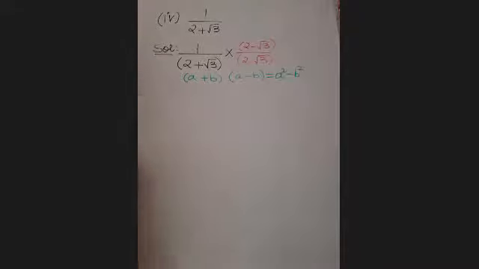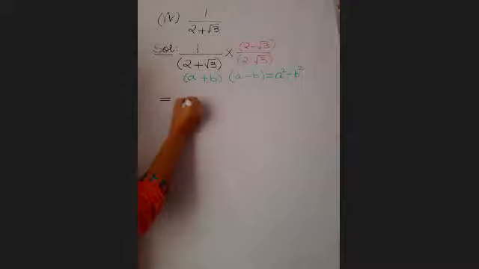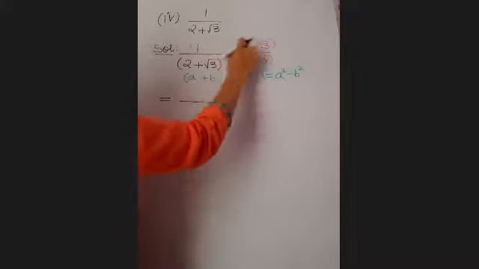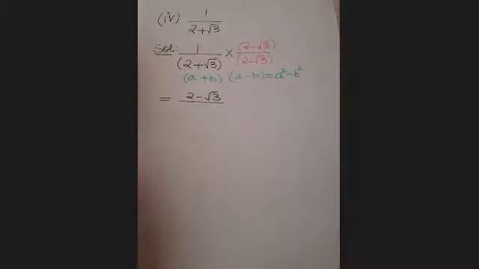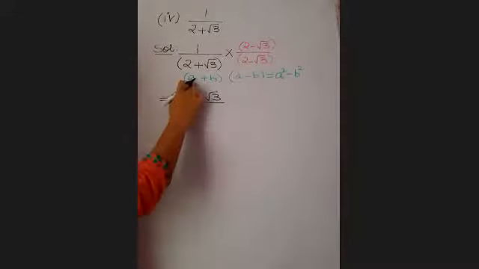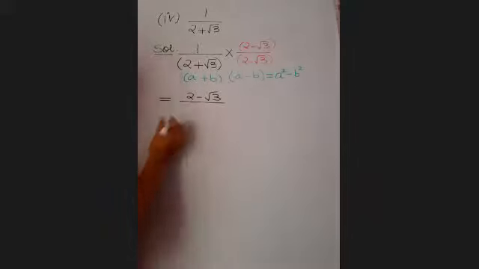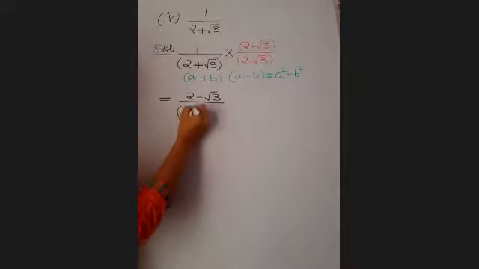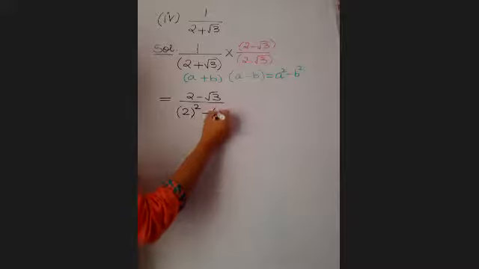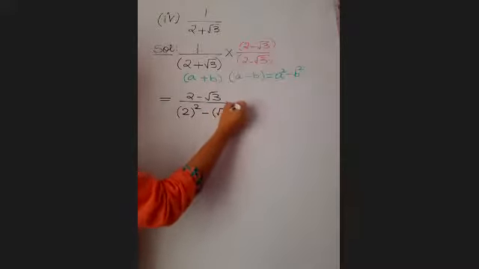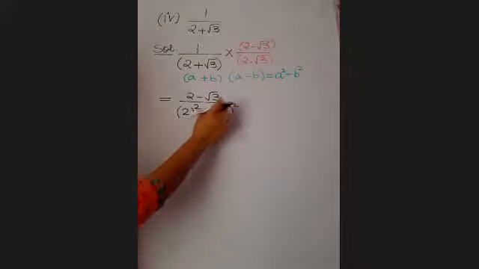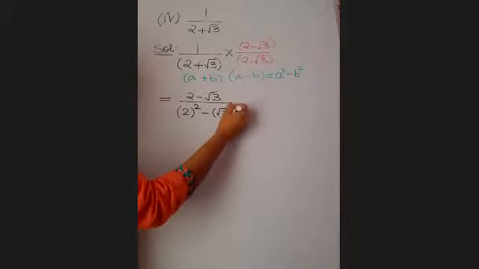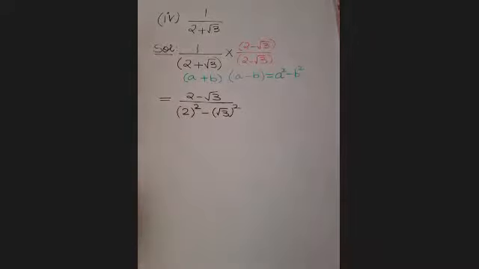So that means in the numerator we shall have 1 into 2 minus root 3, which is 2 minus root 3. And in the denominator we shall have a plus b, a minus b, is a square minus b square. That means 2 square minus root 3 square. So now we are hitting on the target. What is the square of root 3? 3.